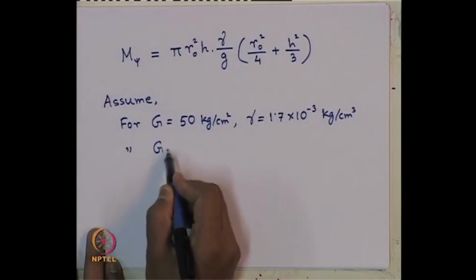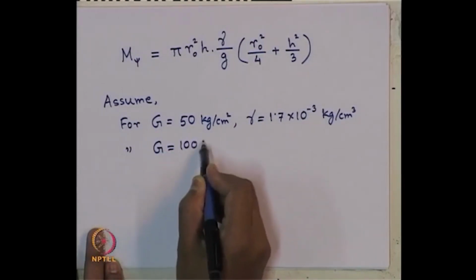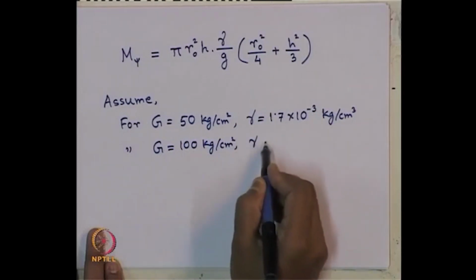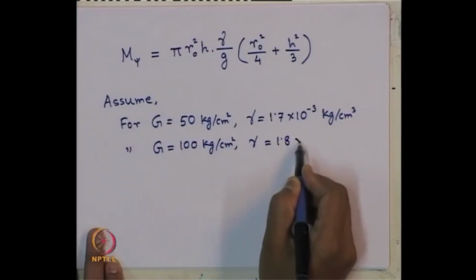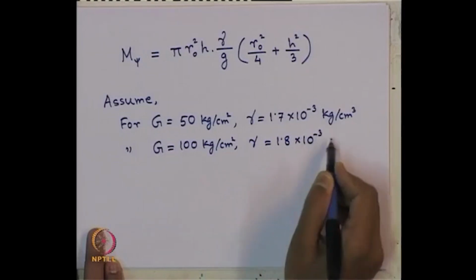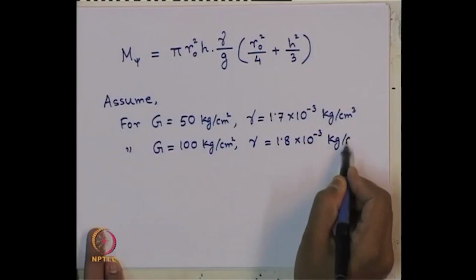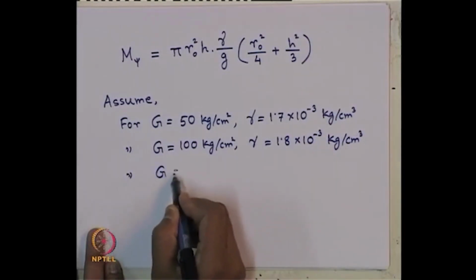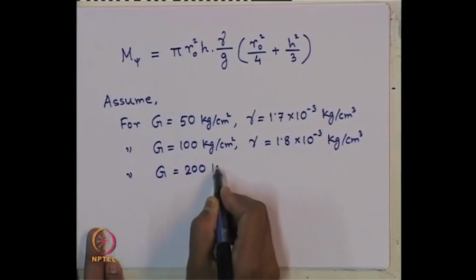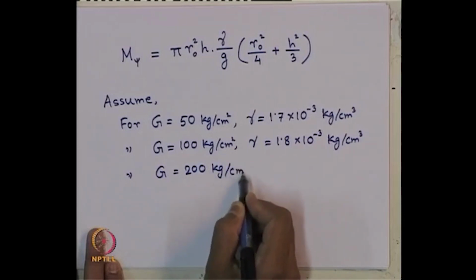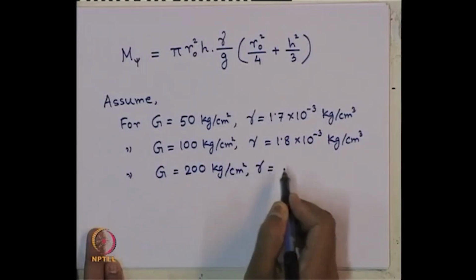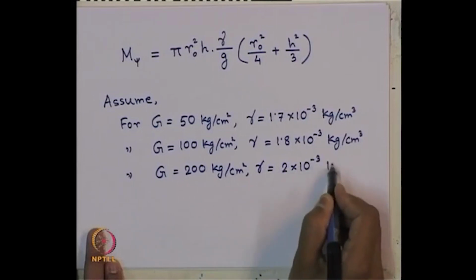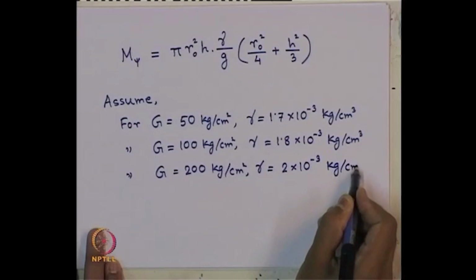For second type of soil, g equals to 100 kg per centimeter square, let us assume gamma as 1.8 into 10 to the power minus 3 kg per centimeter cube, and for g equals to 200 kg per centimeter square, the gamma value is 2 into 10 to the power minus 3 kg per centimeter cube.